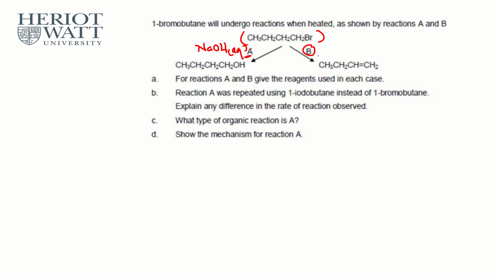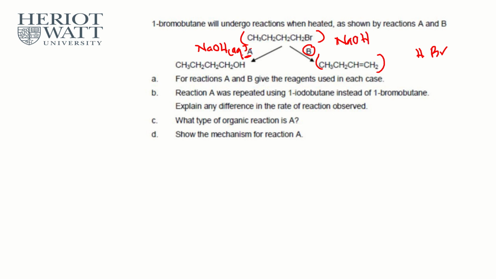And for B, they're actually changing halogenoalkanes into alkenes. If you check the formula of these two compounds, you can see that the difference between them is actually HBr. You are taking out HBr from it to form an alkene with the double bond. So this is an elimination reaction. And what reagent to use? Same, in fact, it's NaOH.